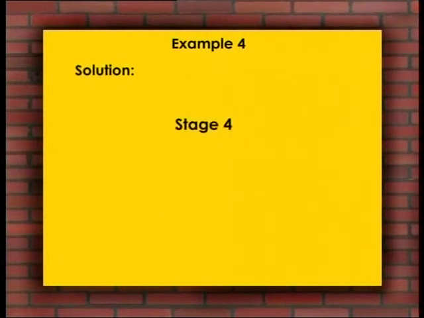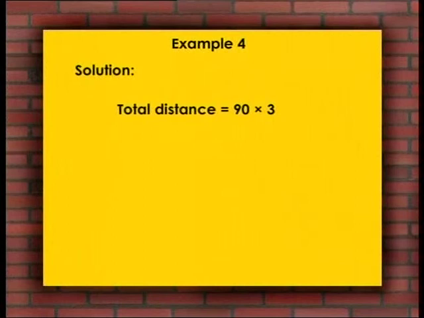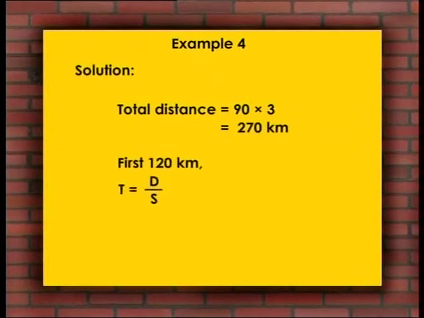Stage 4. Checking the answer. Total distance equals 90 times 3 equals 270 kilometers. First 120 kilometers, t equals d over s equals 120 divided by 80 equals 1.5 hours.